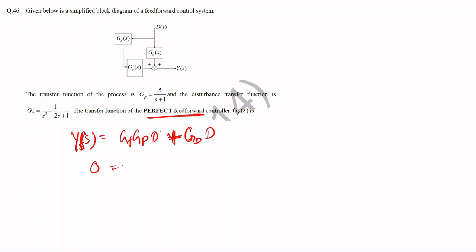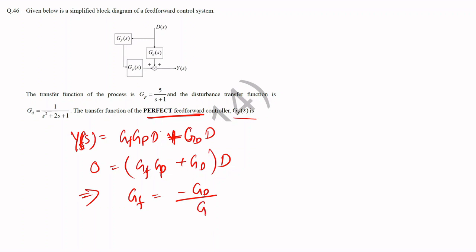So we'll write it as 0. So this will become Gf Gp plus Gd, and the disturbance term will become common. So from solving this, we can find this feed forward control function, that is Gf of s, will be minus of Gd upon Gp.